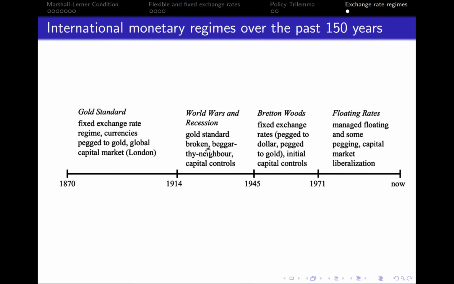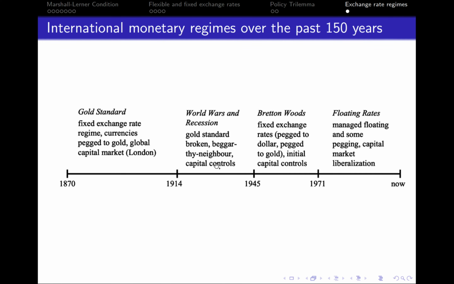finance their war efforts, so they needed to use monetary policy aimed at their individual country-level goals, which made the possibility of keeping a fixed exchange rate impossible.